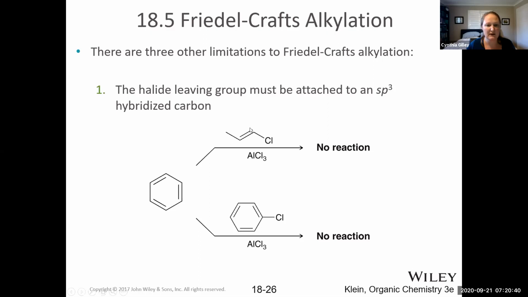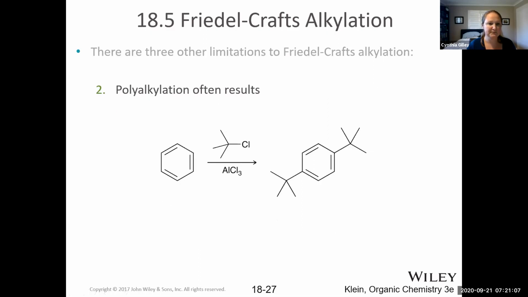So the carbon attached to the halogen cannot be sp2. Right? It has to be an sp3 hybridized carbon because we again are either forming a carbocation and essentially doing an SN1 reaction, or we're doing an SN2 reaction on the complex. Either way, the alpha carbon must be sp3. So both of these reactions would not work because the alpha carbon is sp2.